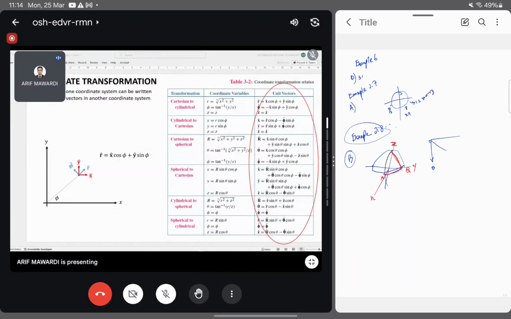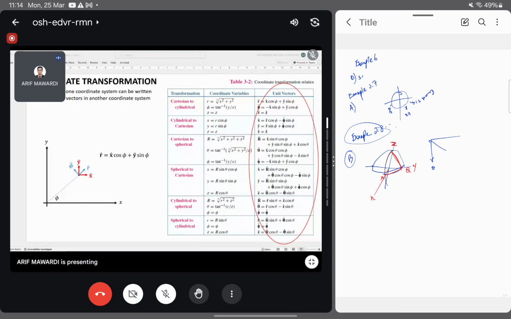Okay, so now at the same point, I can also sketch the unit vectors for the cylindrical coordinate system. Remember, the coordinate variables in the cylindrical coordinate system are r, phi, and z. The first unit vector, r, should be in the direction of increasing r.